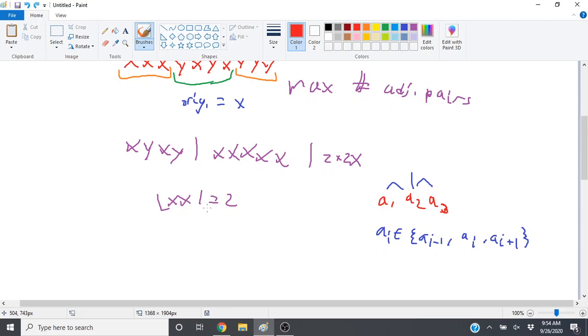So if the length of this xx streak is 2, and there's no value in the original array equal to x, for example, we have a and b, then we can change these xx's to yz's, and we're going to have strictly more adjacent pairs, and at the same time not have used any more changes.